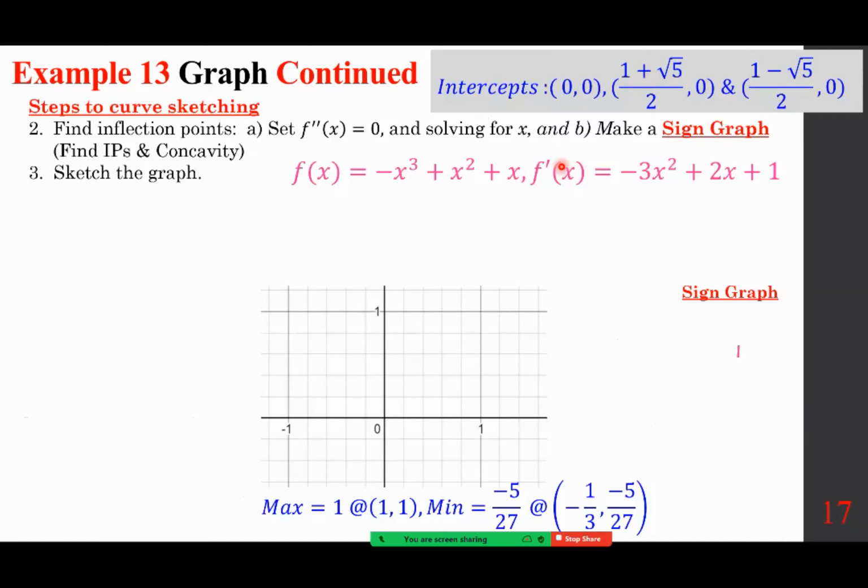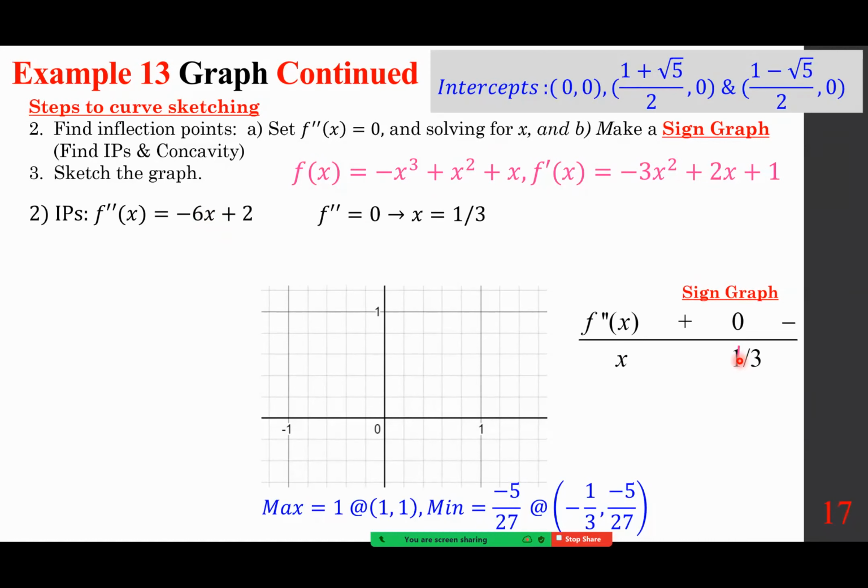So we find f double prime, which becomes minus 6x plus 2. And when you set this equal to 0, I hope everybody can see the answer is 1/3. It's easy to see that. So we have to do the sign graph for f double prime. At 1/3, f double prime is 0.